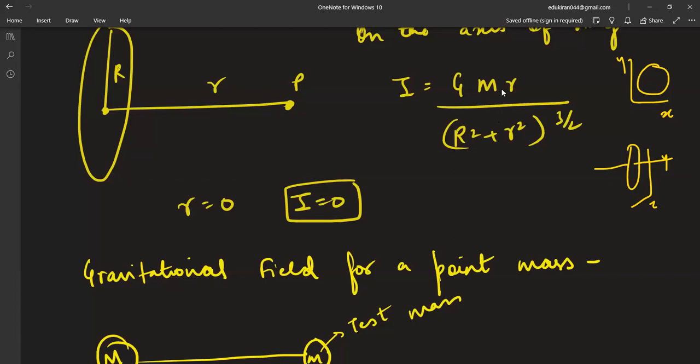Now if you put the value of R as 0, meaning at the center, the field will also be 0. That's why for a symmetrical figure, remember, I told you for a circle it will come out to be 0.